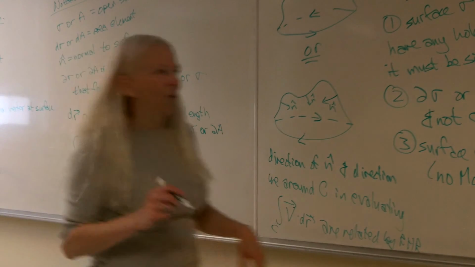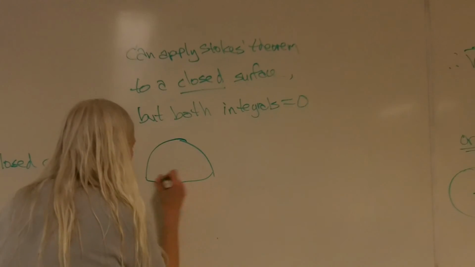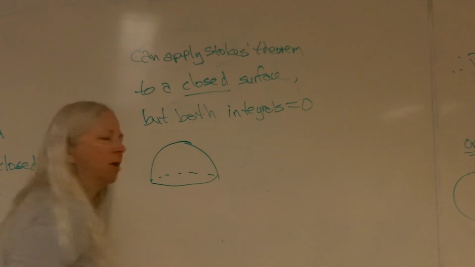Think of an example where maybe you were applying Stokes' theorem originally to an open surface that consisted of most of a sphere. Actually, originally start thinking of a hemisphere, like we were talking about originally in this example.